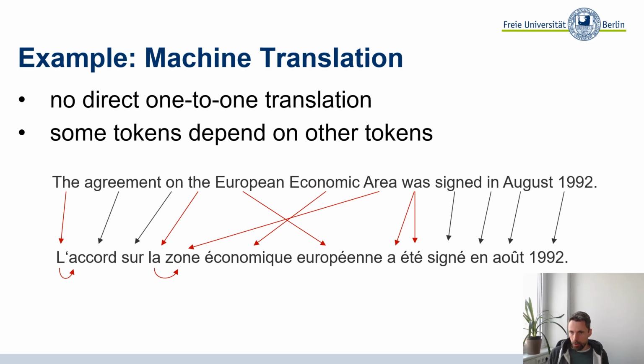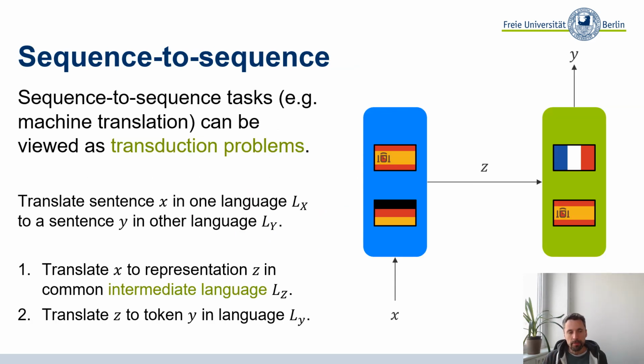Machine translation is an example of a whole family of problems called sequence-to-sequence mappings, or sequence-to-sequence tasks. And you'll often find the term transduction problem, which is defined quite differently in many contexts, but here it means that we have a model that accomplishes 2 tasks.